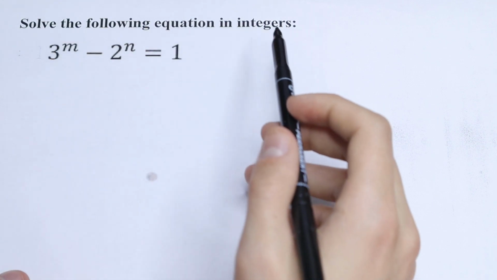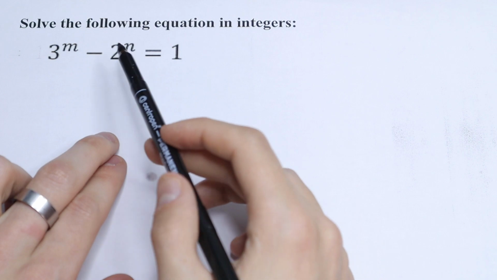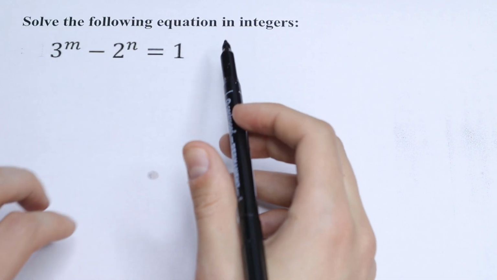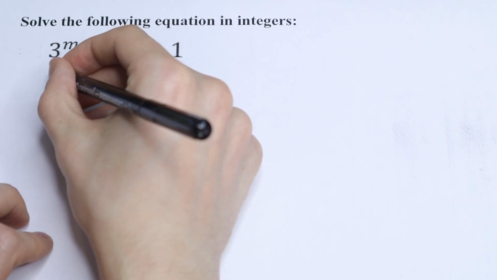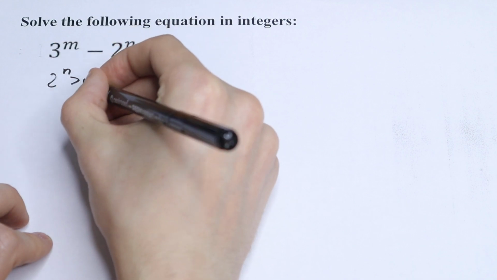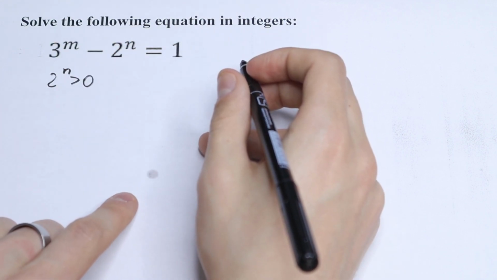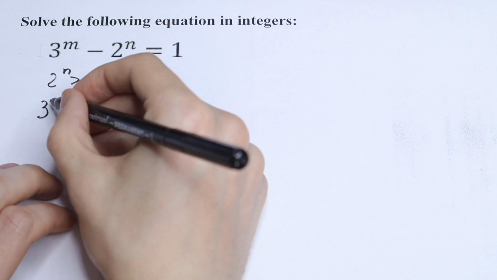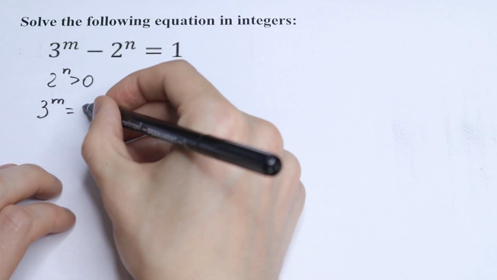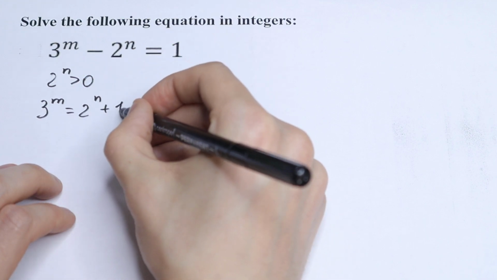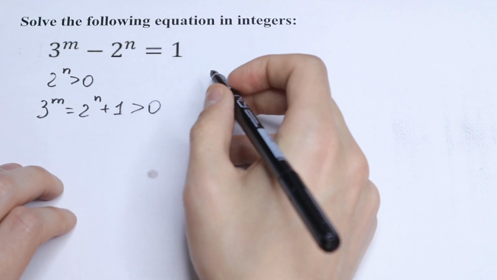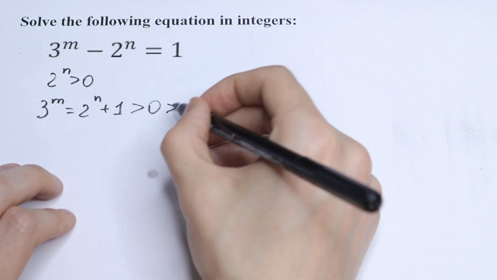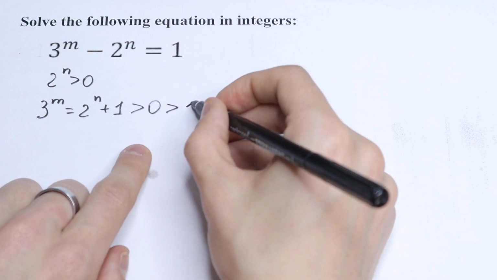So we have this equation. First we observe that m and n are positive integers. Since 2 to the power n is greater than 0, from here we will have 3 to the power m equal to 2 to the power n plus 1, which is greater than 0 as well, and moreover greater than 1.